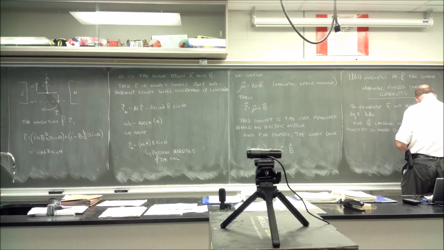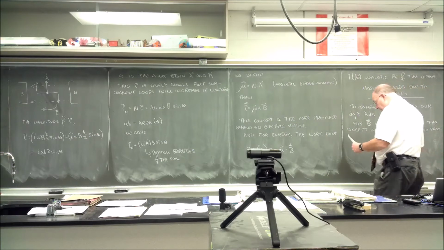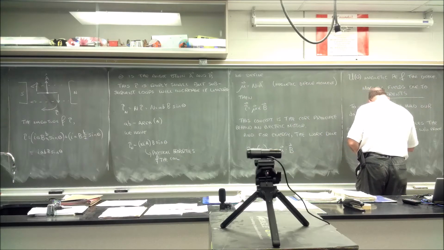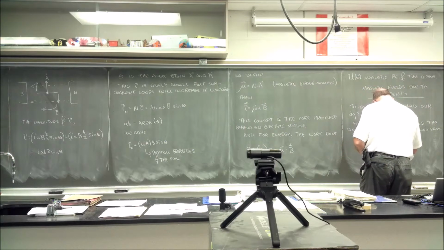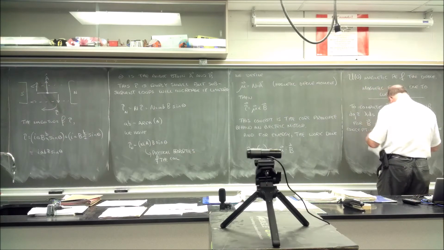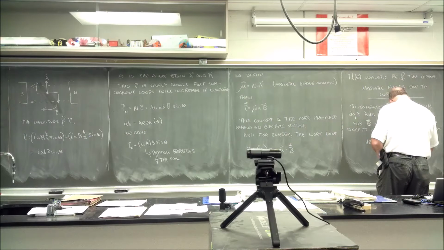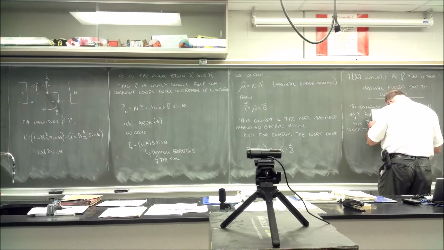Without a proof, we have dB is equal to mu naught over 4 pi IDS sine theta over r squared.